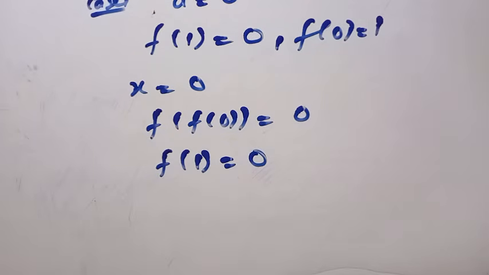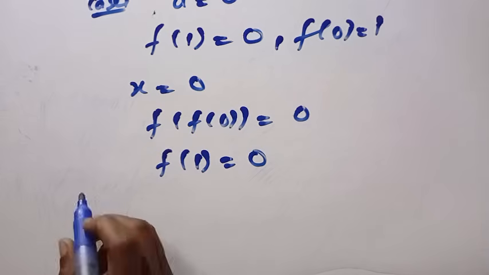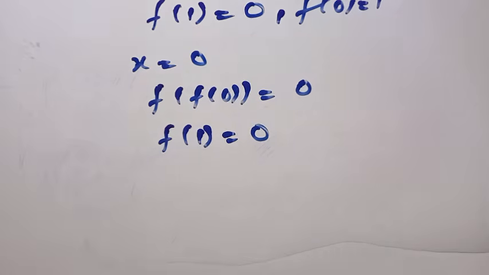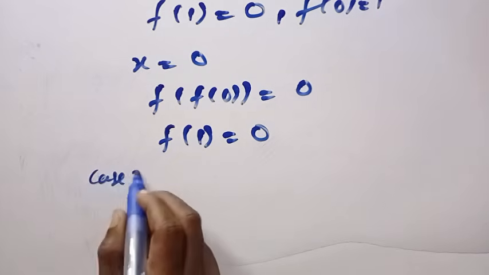And again, if we start putting in other values, let's say f of x at x equals minus 1, that may be possible as well. So let's check case 2.